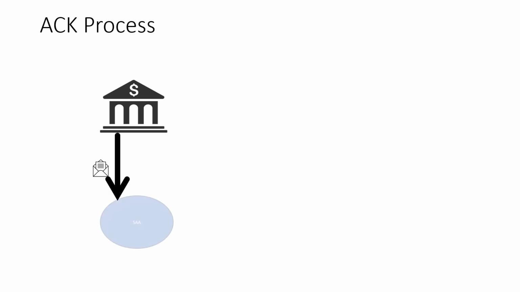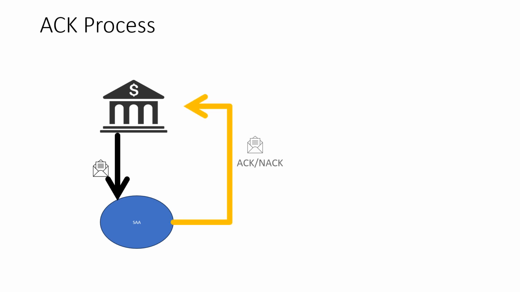Now we're going to talk about a very important process, which is the ACK or the acknowledgement process. Remember when we discussed the validation checks performed by Swift? Well, this is when it comes into place. In real life, when a bank sends a message through to the Swift network, the SAA responds back with the same message with either an ACK or a NACK flag.